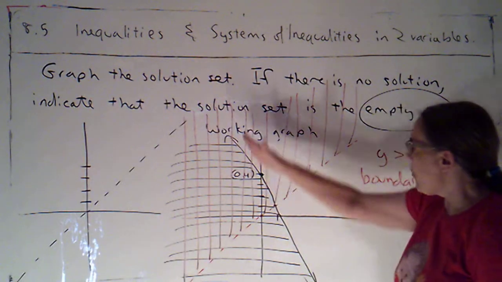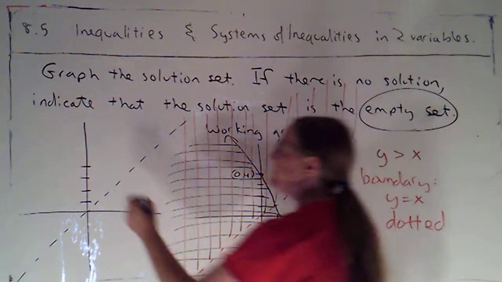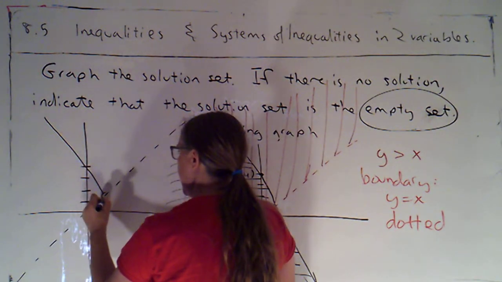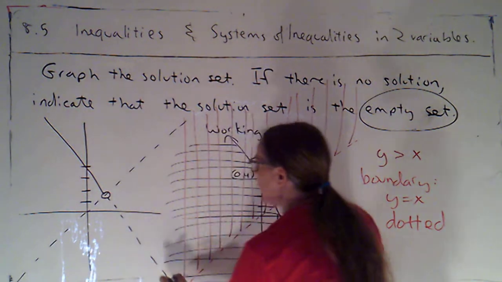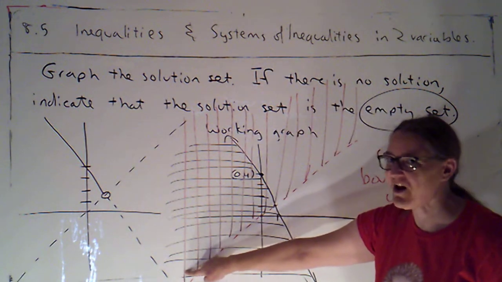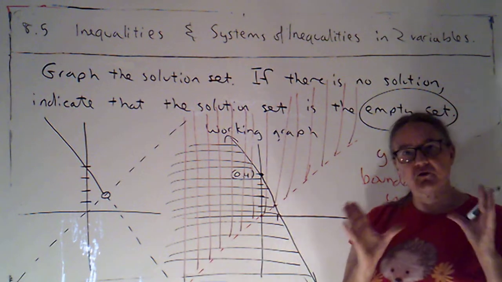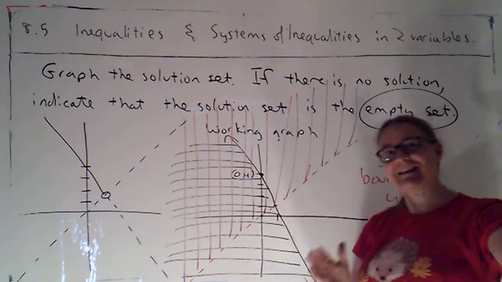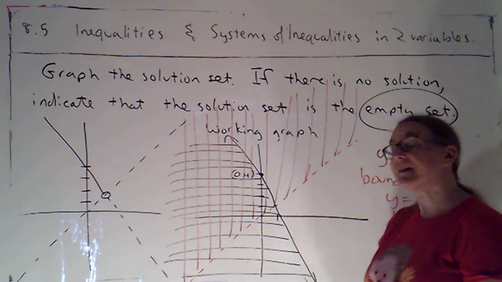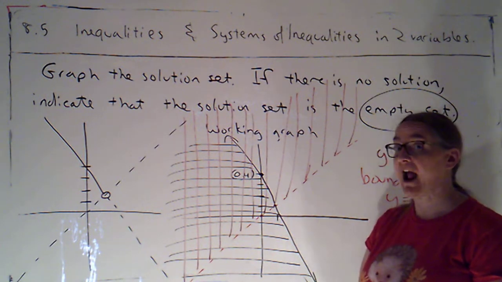When I'm drawing in this line, which was solid, I'm going to put an open circle here, and it's not solid over here. Because the rule when you're graphing things is that solid lines, with the exception of the x and y axis, are considered part of the graph.